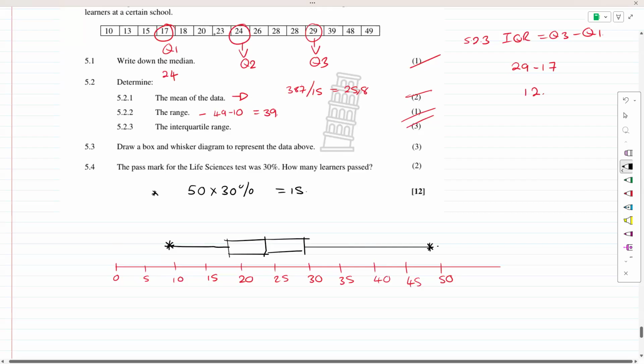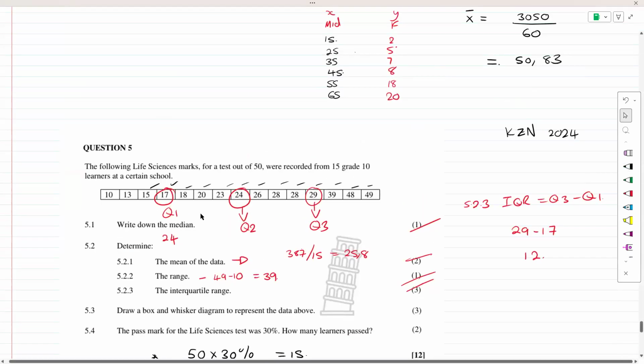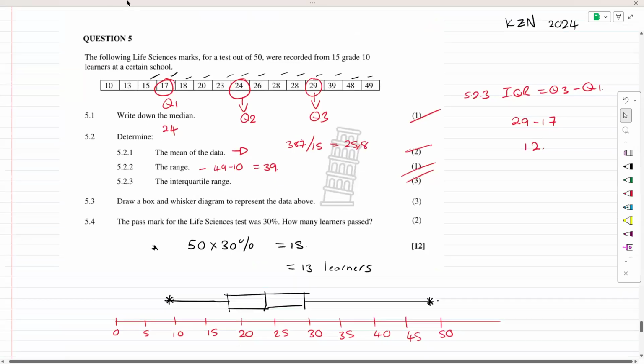And then all we have to do is count how many people are above 15, which is 1, 2, 3, 4, 5, 6, 7, 8, 9, 10, 11, 12, 13, because that person scraped past. 13 learners passed. Again, the mark is out of 50. 30% times 50 is 15 marks, and we count how many people got 15 and above. That's all there is.